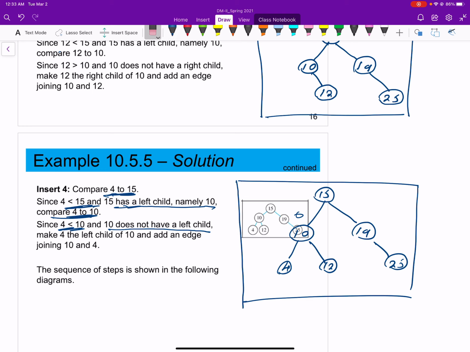Okay, so that's how you fill the binary search tree. So this is the complete binary search tree for this example.